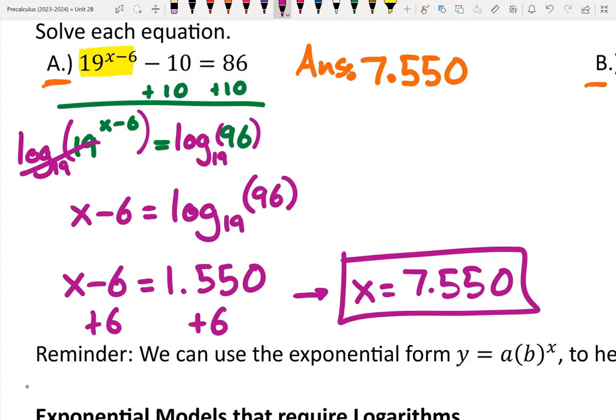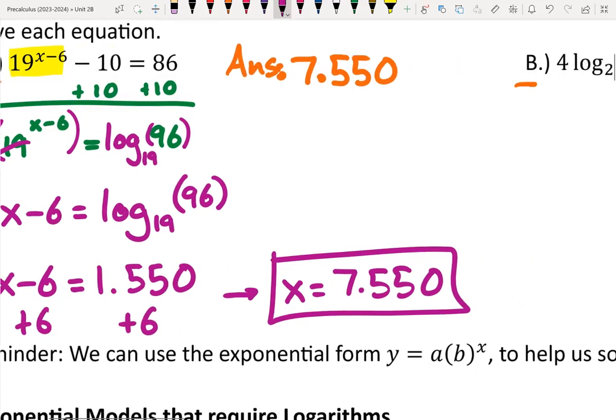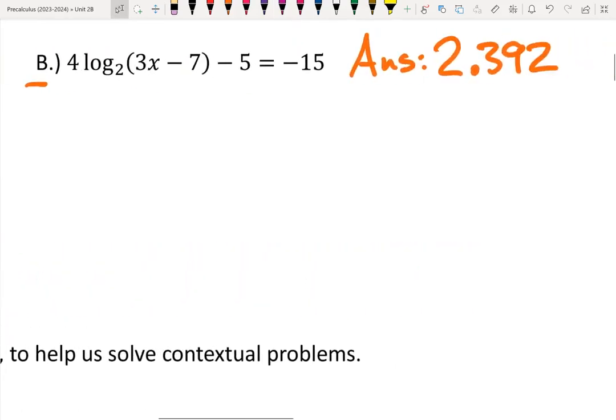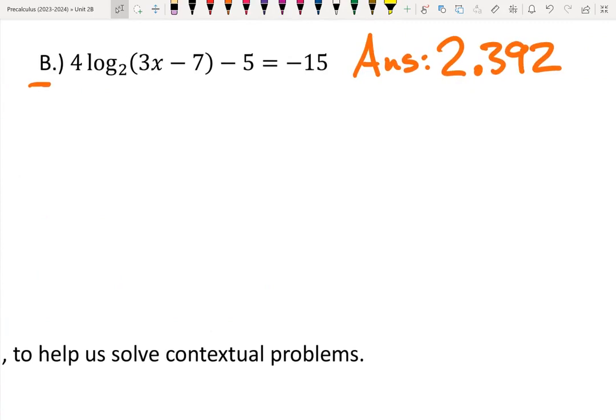All right. Any questions on A? All right, let's remind ourselves. Does anybody still need that? We're good? Let's remind ourselves what we do on B.